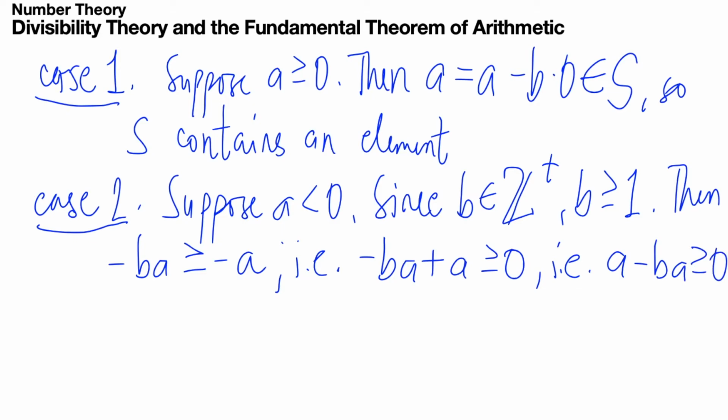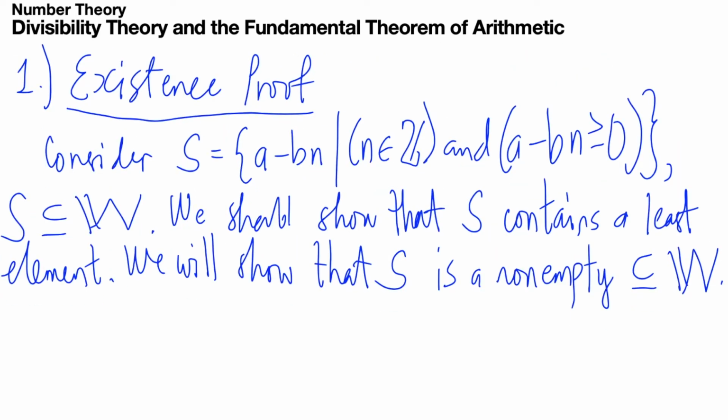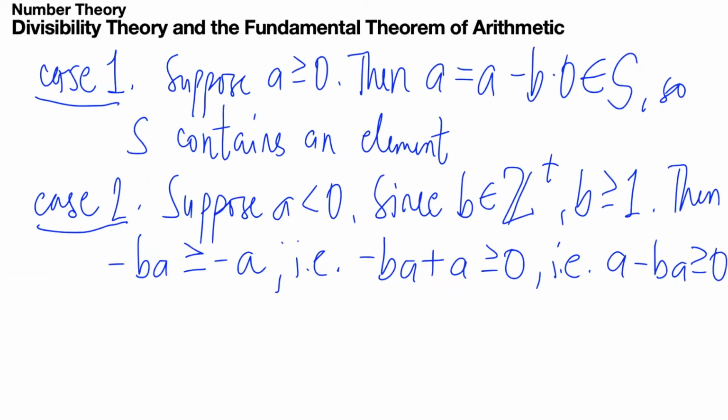And notice this part is in the form of S, in the form of a minus bn. Here this is a minus ba, so you can imagine a as n equal to a. It's okay to have that. So we can see that this a minus ba is greater than or equal to 0.